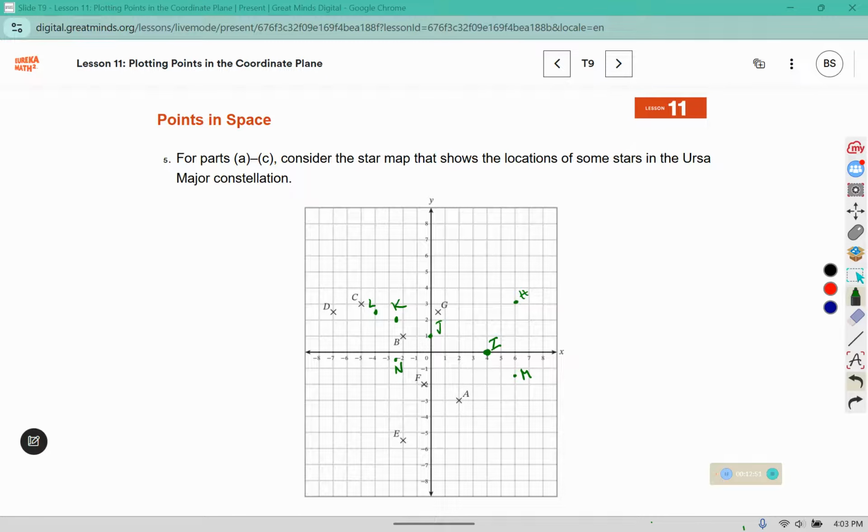So we are starting with point D, and we are headed to point C. So DC, then C gets connected to L, L gets connected to K, K gets connected to point B, B gets connected to J, J gets connected to G, and G gets connected back to K. So you can see the Big Dipper, also known as Ursa Major.